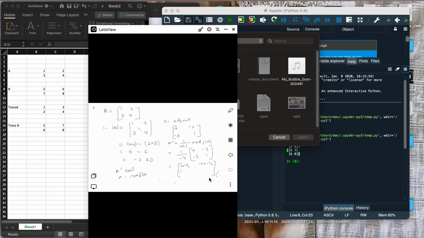Then we have minus 3 times minus 1 over 2, 1 times minus 1 over 2. And this is equal to minus 2 here. Then we have positive 1. We're going to have positive 3 over 2, which is the same as 1.5. Then we have minus 1 over 2, which is the same as minus 0.5.